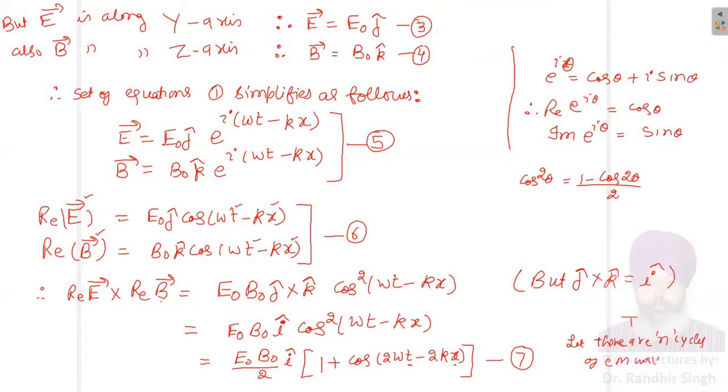So if I want to find the average value of this vector real E cross real B, then it will contain n cycles. So the time will be nT, where capital T is the time for one cycle of a plane electromagnetic wave. So for n cycles, this will be nT. Let me find its average value on a new page.